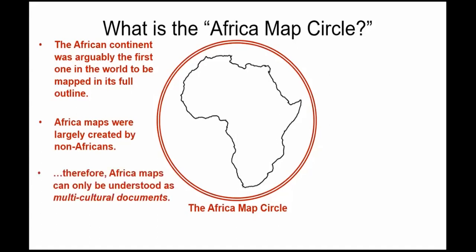Therefore, African maps can only be understood as multicultural documents from the beginning. What are the early maps? Well, in many cases, they're transcriptions of places and names for places that were used in the local language. In other cases, they're names applied from European traditions. But which European tradition? Well, it depends upon the European group making the map.